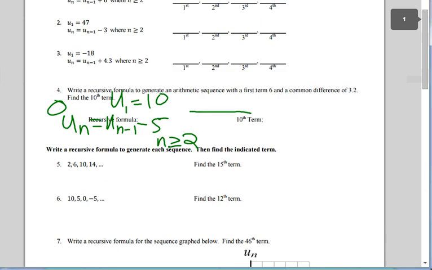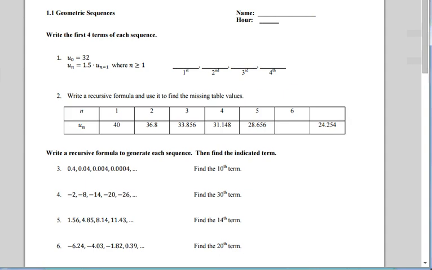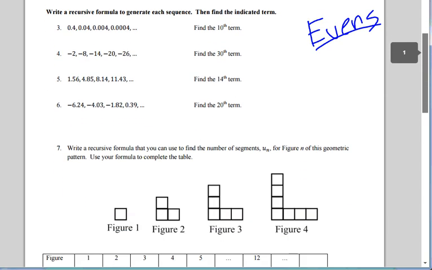So, let's take a look at the other one. Let's take a look at the geometric sequences here. So once again, we're going to be doing the evens on this one, and I don't think that there's letters again, but we're going with that.